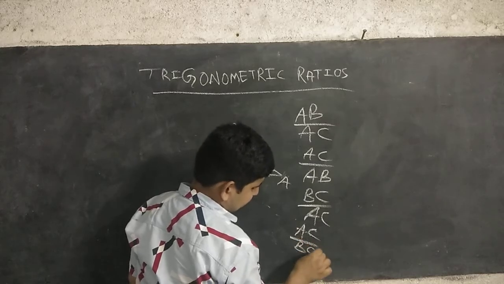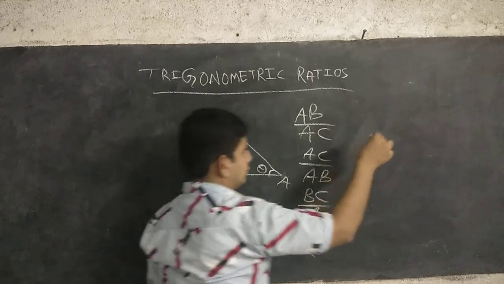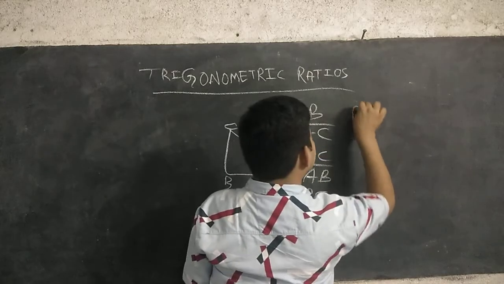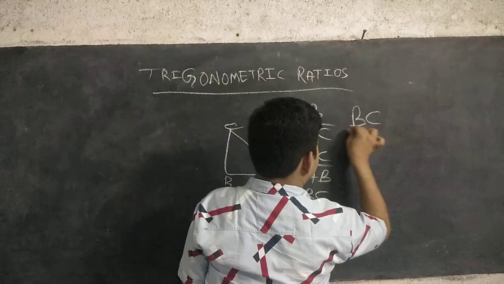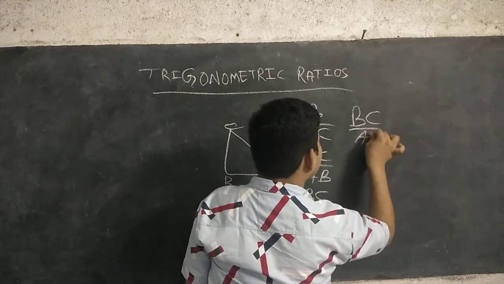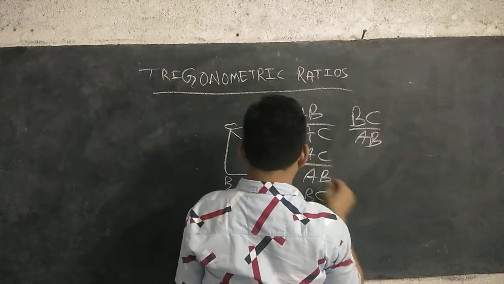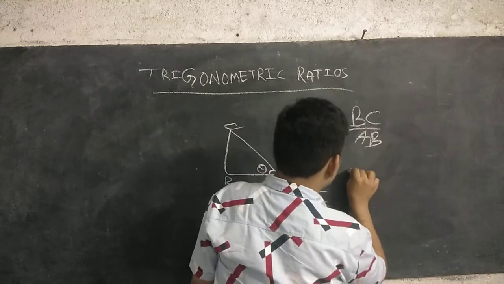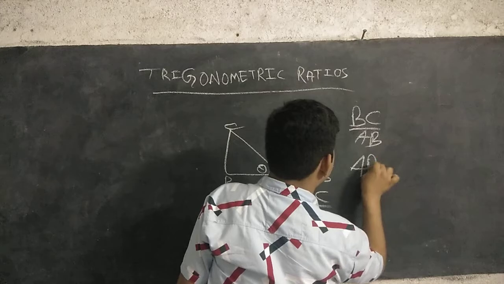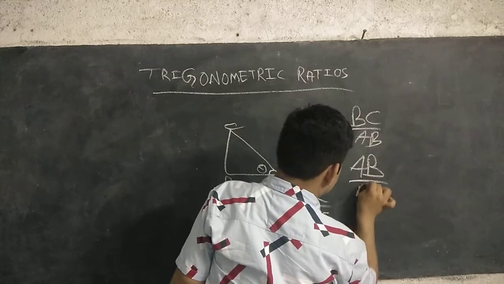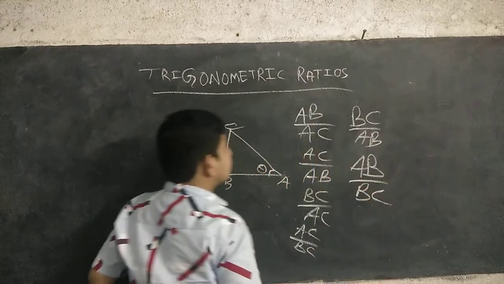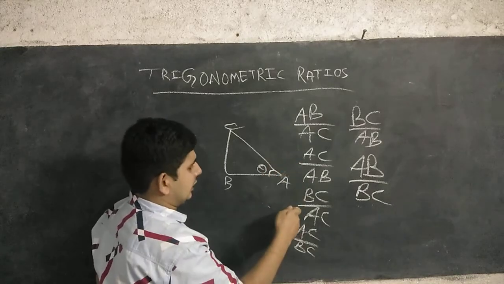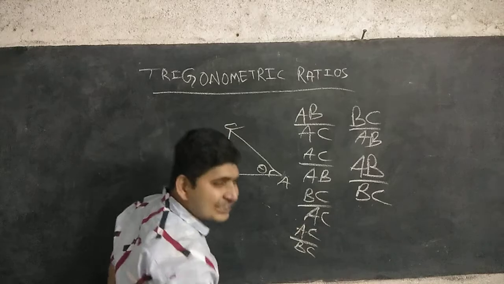Now again BC by AB, and AB by BC. Now how many did we get with respect to theta? 1, 2, 3, 4, 5, 6.